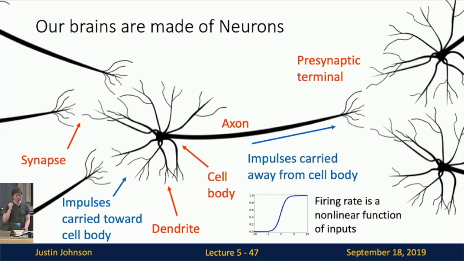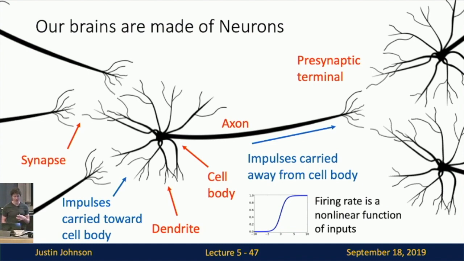One abstraction we can use for these neurons is to represent them using a firing rate. These neurons are firing electrical impulses at some rate, and that rate is maybe some kind of nonlinear function of the rates of all of the input connections from the input neurons on the left.